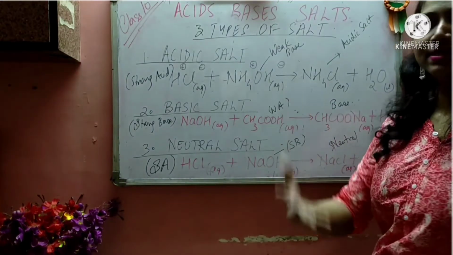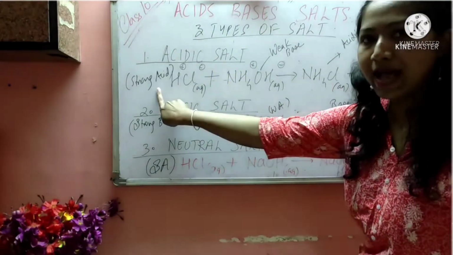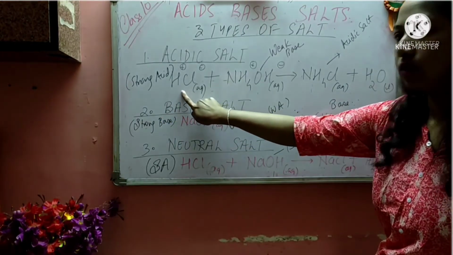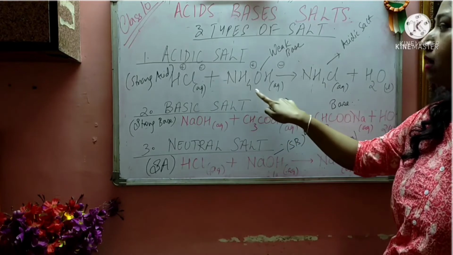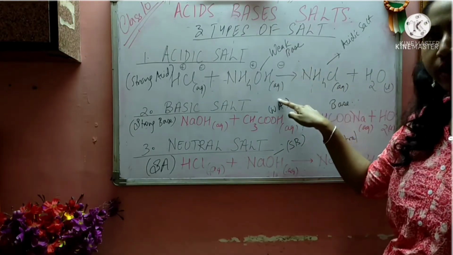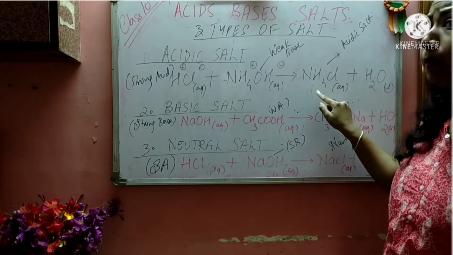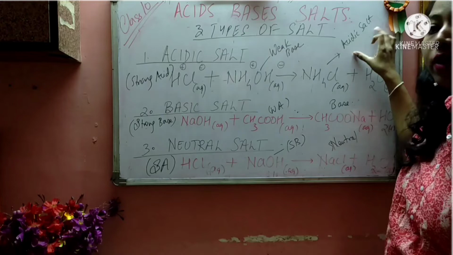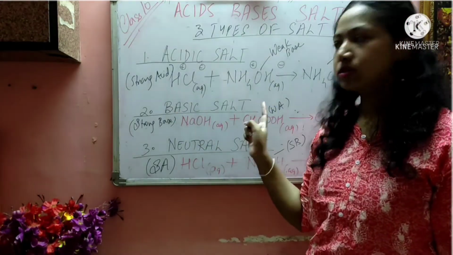Let's see it again. For acidic salt, we took strong acid, hydrochloric acid, in aqueous medium, and ammonium hydroxide, in aqueous medium, but it is a weak base. Hence you get ammonium chloride, which is more acidic, and water.